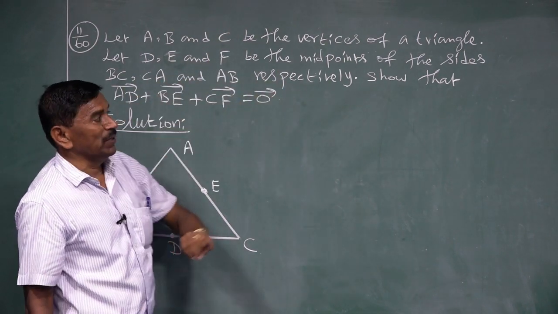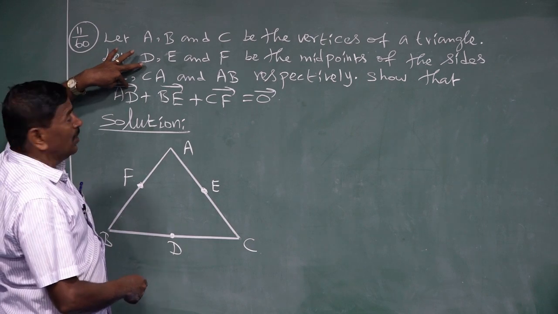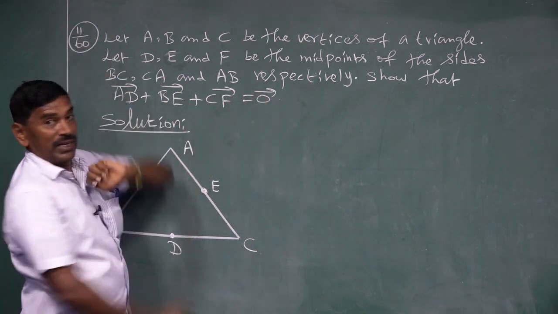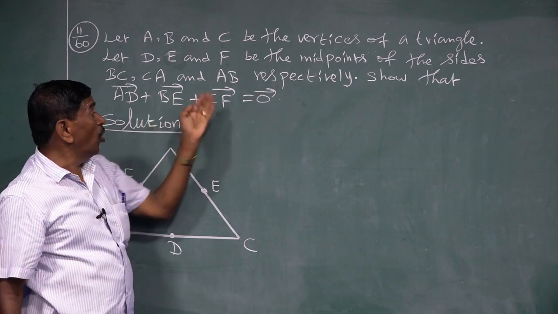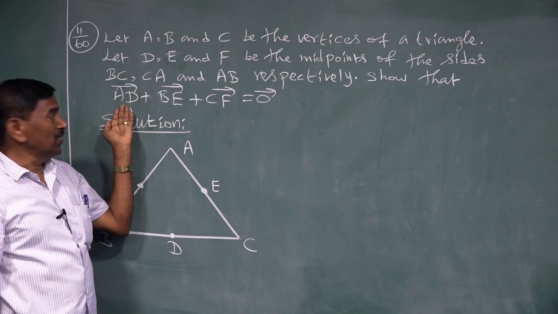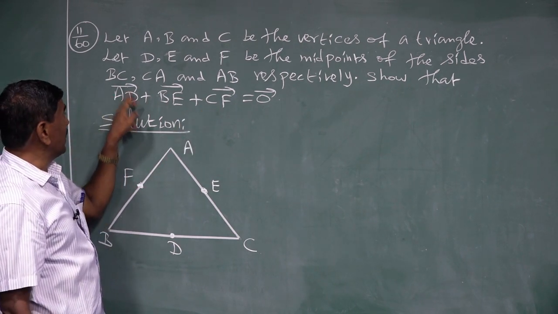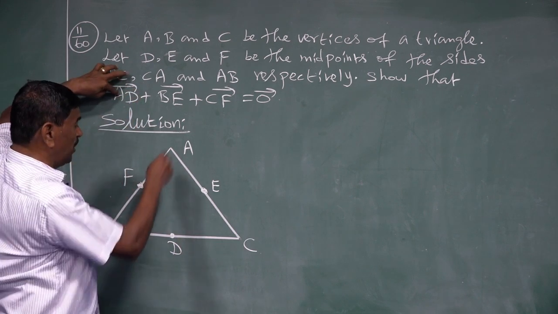Okay, second line over. Then show that AD vector plus BE vector plus CF vector equal to 0 vector. Okay, we want to prove answer is 0 vector. How many terms in LHS? Yes, there are 3 terms. What is the first term? Yes, AD vector. AD vector means A to D. Where is A to D from the diagram?